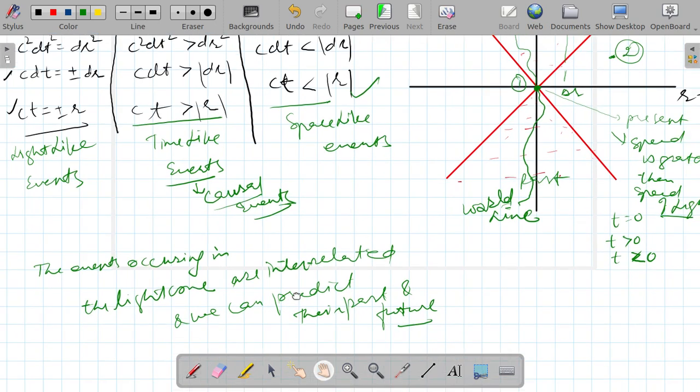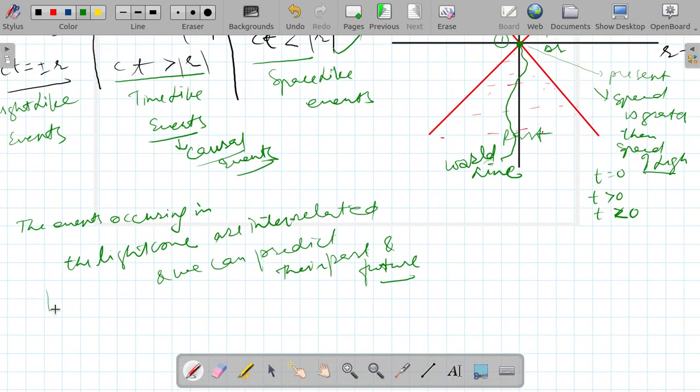That means there is a causal relationship between the events.